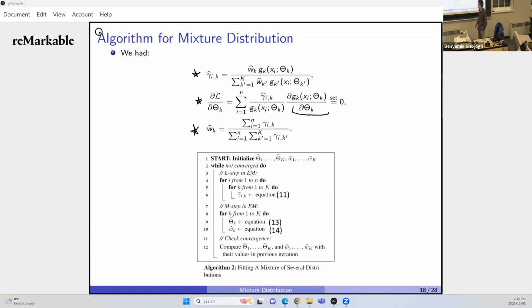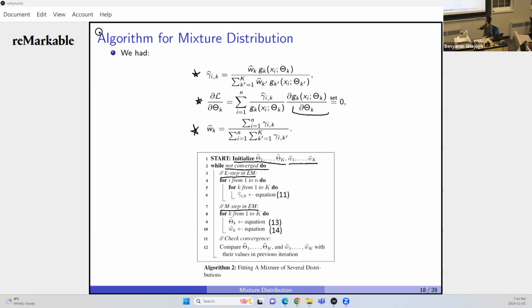Now let's see the algorithm for fitting a mixture distribution. Initialize theta 1 until theta K and W1 until WK. Agree? Then, as I said, expectation maximization is an iterative algorithm. So while not converged, first do the E step, then the M step, right? In the E step, what should we do?